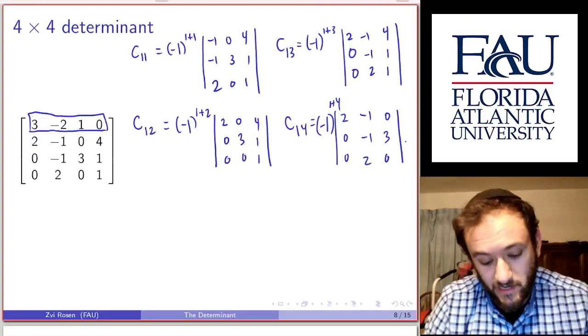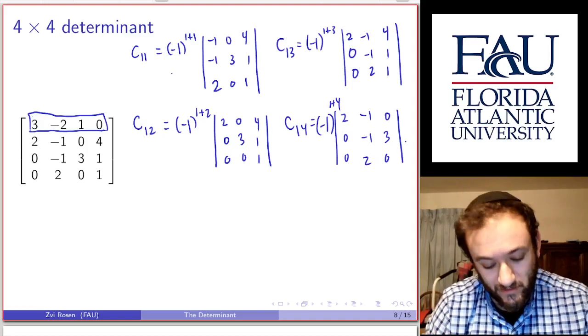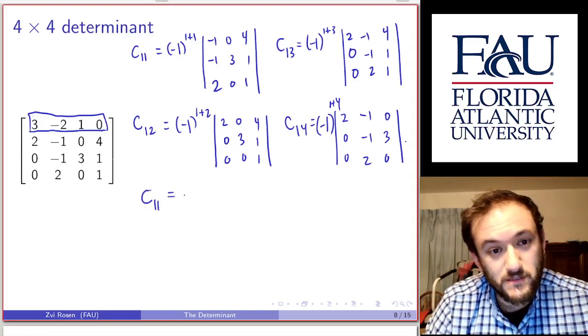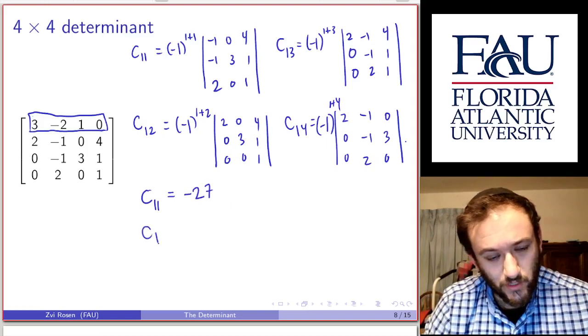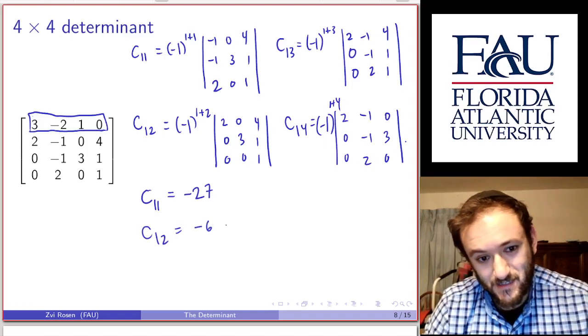Okay. So evaluating these determinants using the method we saw on the last slide for 3x3 determinants, we obtain C11 equals minus 27. C12 is equal to minus 6.